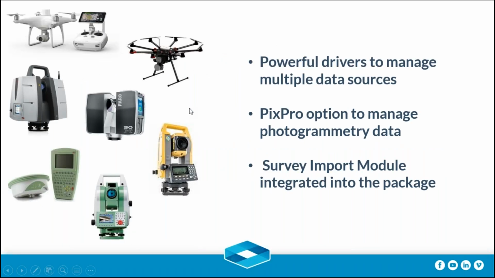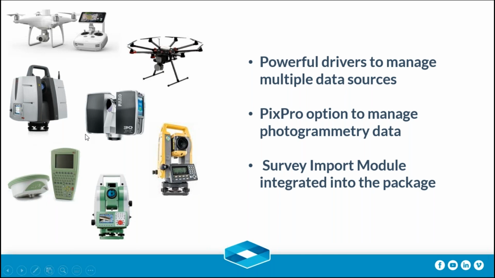So to begin with, the various sources that we get data from. On the right-hand side, you're going to notice there are tools that are becoming more and more common in the open pit mining space. I've set these up beginning at the bottom with total stations, which are slowly dying out but still in use.